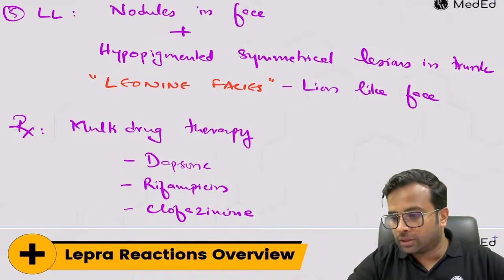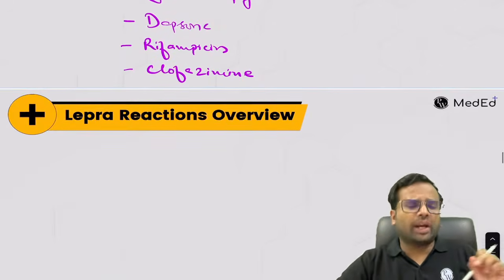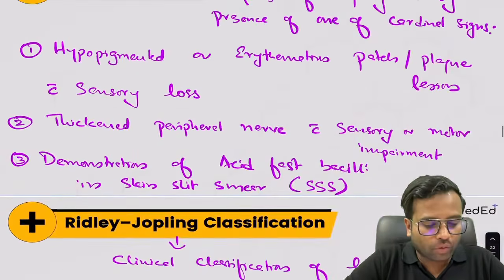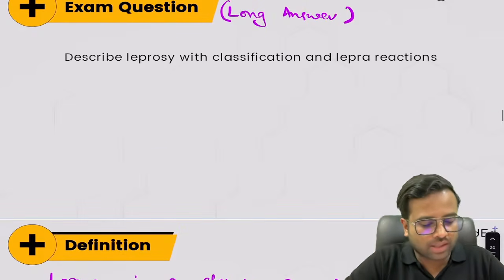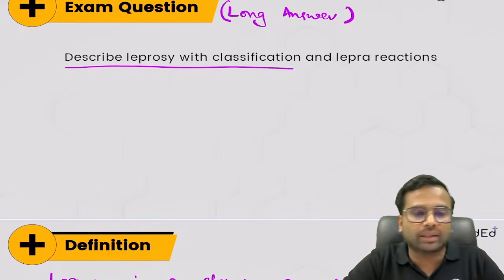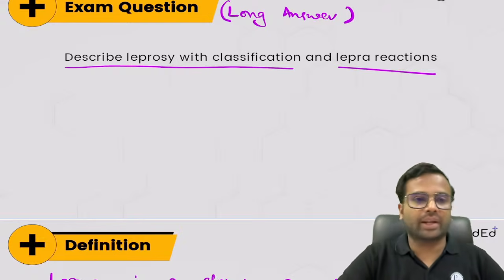Yeah, very good. So now let us see what is lepra reaction, because the question that was asked was to describe leprosy with its classification, which we have already done. And now the second part of the question says, what about lepra reactions?